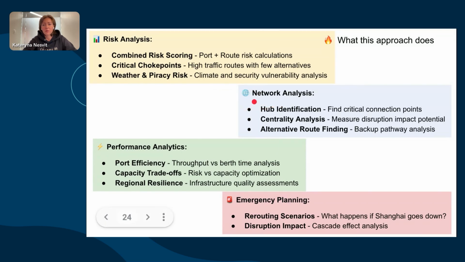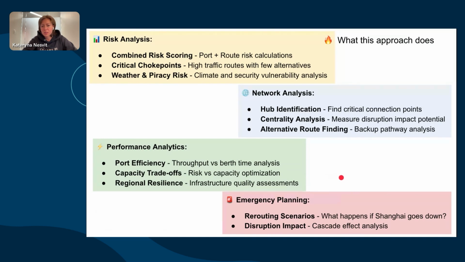We can also have the network analysis together with the performance analytics and find the alternative roads with enough capacity that you need, the speed that you would require, and the major thing is to optimize the results by the needs that you have right now.